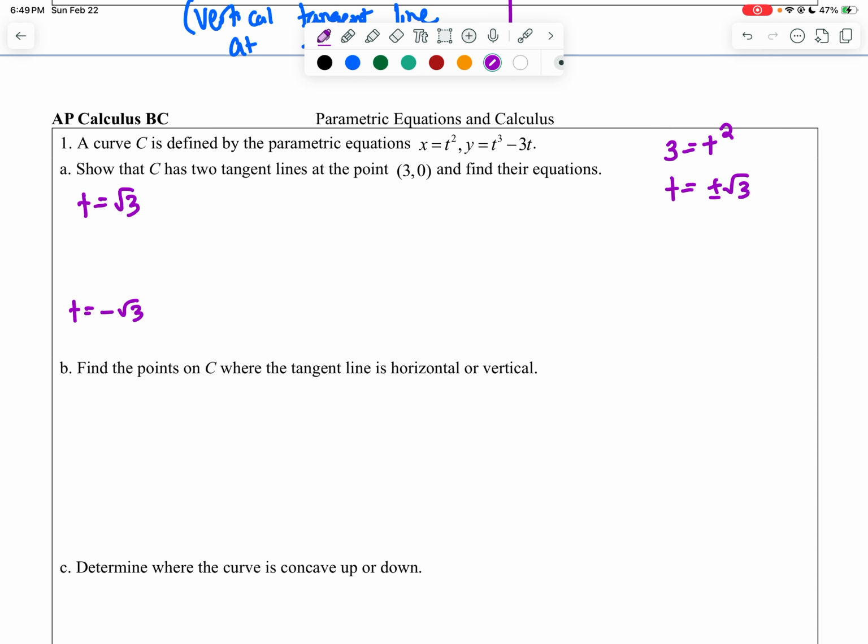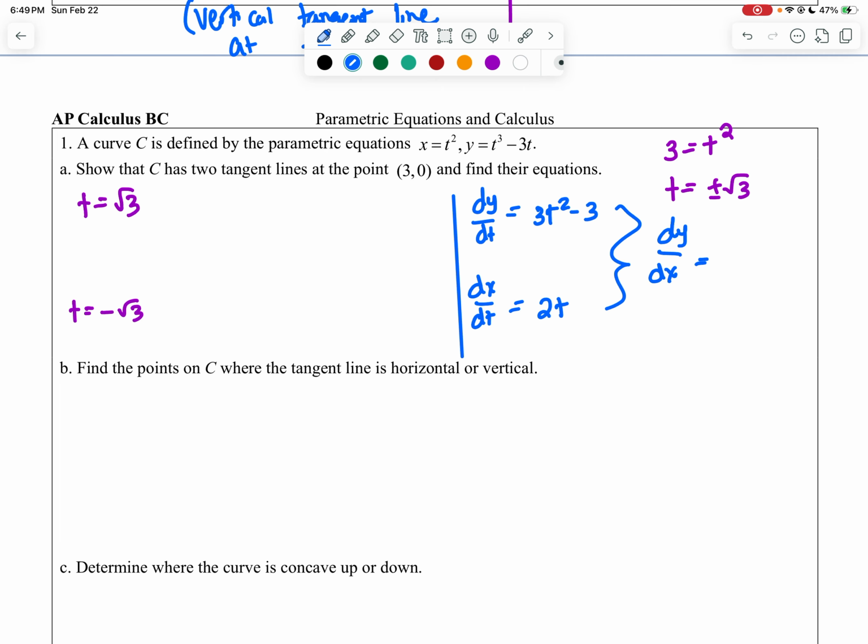and their tangent lines. Now in order to do that, we probably need to figure out what dy/dx is. So what we're going to do here is figure out dy/dt and dx/dt. So dy/dt is 3t squared minus 3, dx/dt is 2t, which gives us dy/dx being (3t squared minus 3) over 2t.